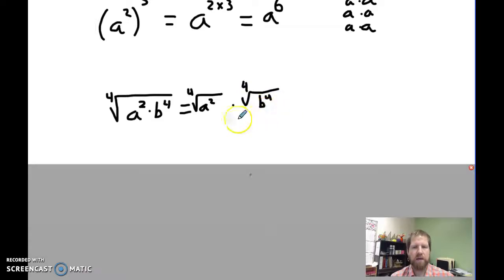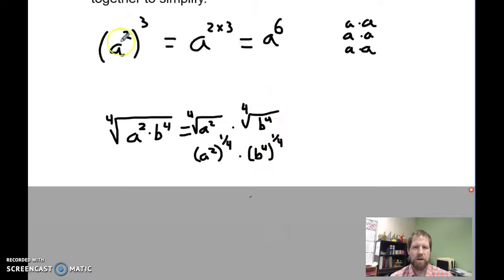And you can also remember that these roots, these fourth roots, are basically just fractions. So this is going to be basically a to the second raised to the 1/4, times b to the 4th raised to the 1/4.